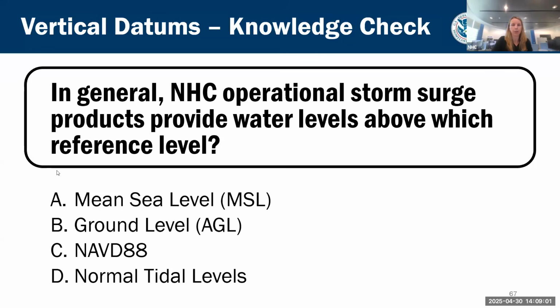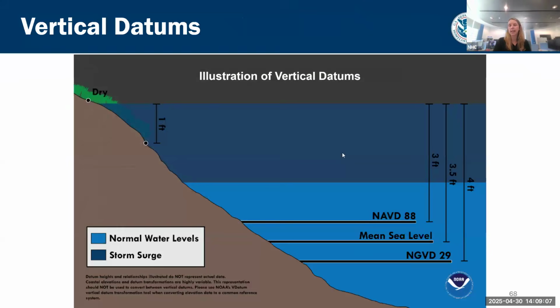So maybe another question for you is, what is a vertical datum? And so as we talk about above ground level, I can define vertical datum for you as well. So a vertical datum is just a reference level from which we start measuring. And so you can see a few different acronyms here on this slide. Let me describe what the colors are first.